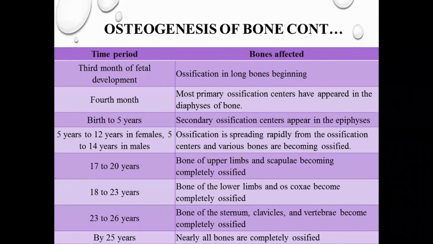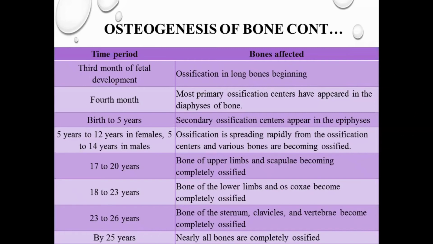So in the third month of fetal development, ossification in long bone begins. Actually, you might see with your friends or relatives, or if you got married, with your wife, there will be a third month scanning. Then after that we're going to have a fifth month scanning.